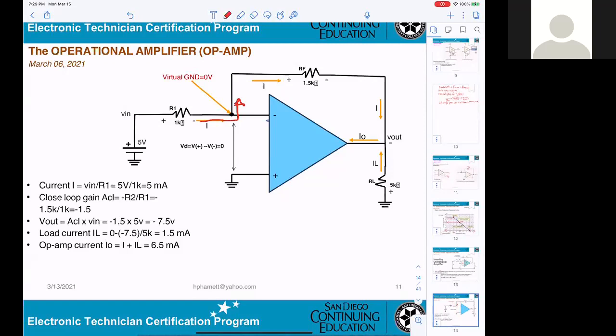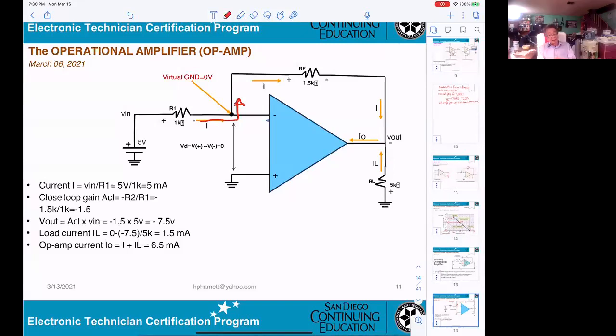So it's a very dynamic thing. Because you have feedback and infinite gain in the ideal operational amplifier, VD has to be 0. Otherwise, the output would be infinite. That's my understanding of why an operational amplifier in a feedback configuration has to drive VD to 0.